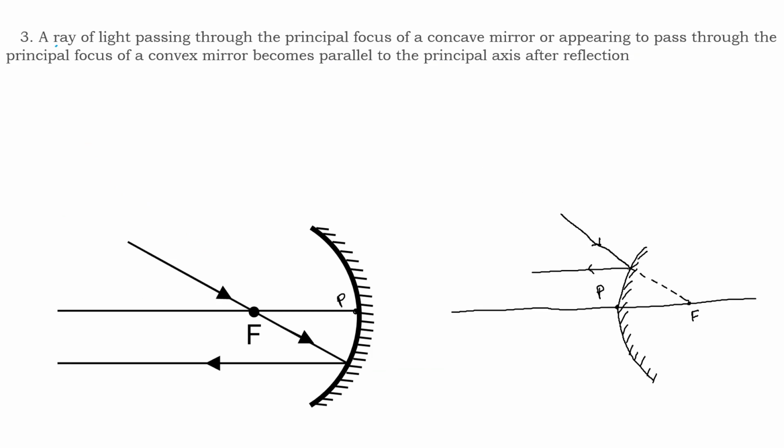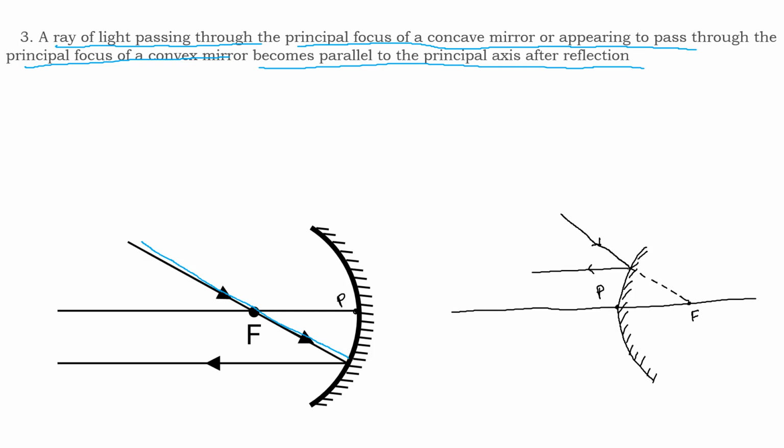The third rule says it is just the opposite of the first one. A ray of light passing through the focus of a concave mirror, or appearing to pass through the focus of a convex mirror, becomes parallel to the principal axis after reflection. So a ray of light is coming, passing through the focus.